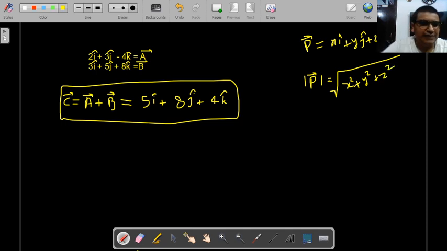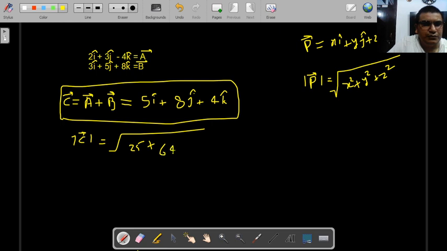So for getting the magnitude of vector c, we can take the square root of 5 square, that is 25, plus 8 square, that is 64, plus 4 square, that is 16.